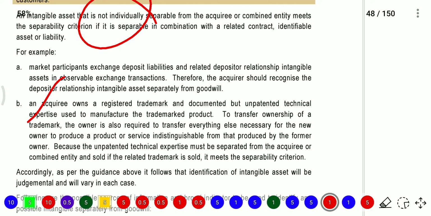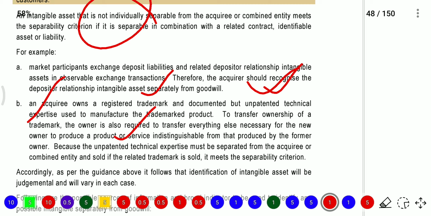Or, an acquiree owns some registered trademarks and documented but unpatented technical expertise used to manufacture the trademarked products. To transfer ownership of a trademark, the owner is also required to transfer everything else necessary for the new owner to produce a product or service indistinguishable from that produced by the former owner. So I have unpatented technical expertise and registered trademarks, but whenever I sell, I need to transfer all items.